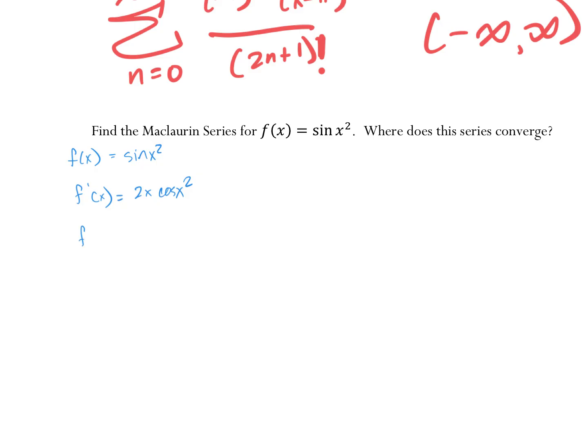And then I go to do my second derivative. Let's see. f double prime of x would be 2 cosine of x squared plus 2x times 2x negative sine of x squared.